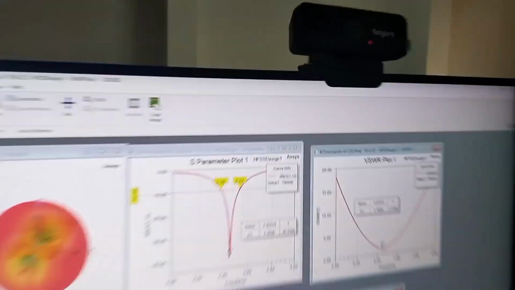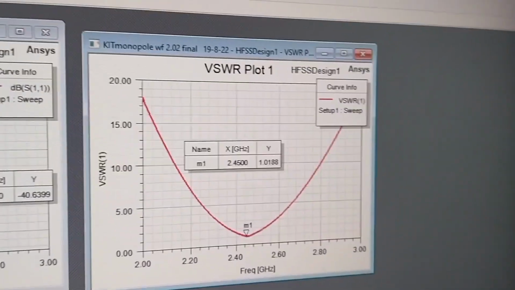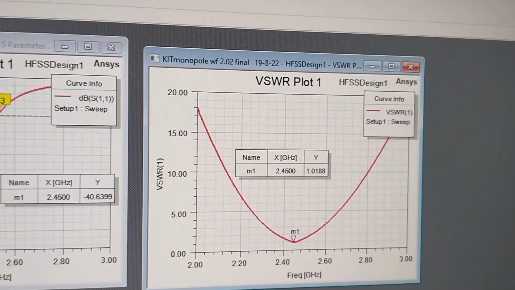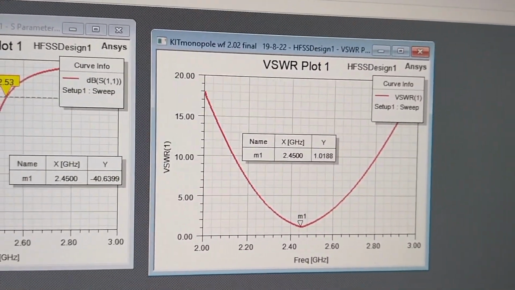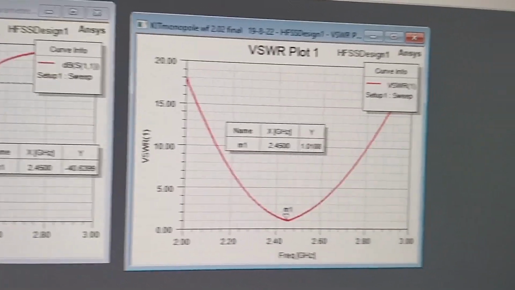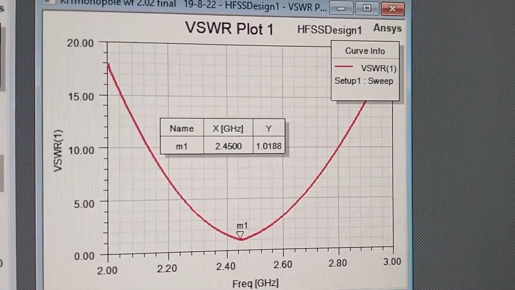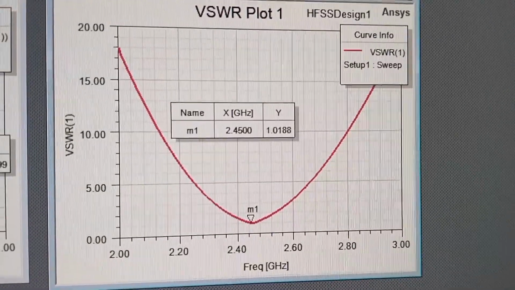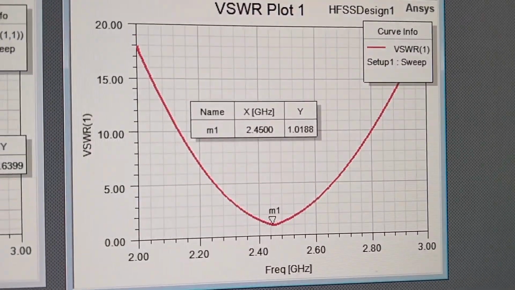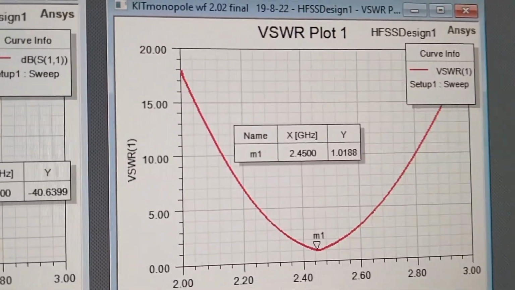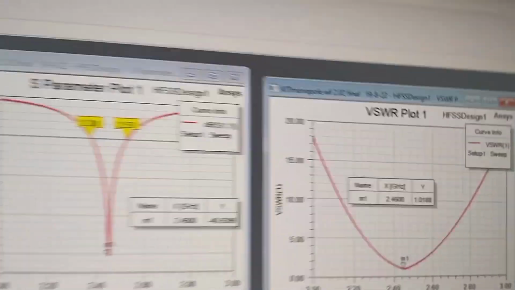The second important characteristic to be evaluated for this antenna is VSWR, voltage standing wave ratio, which defines the extent of mismatch between the source and the load. The ideal value of VSWR should be 1, but in practice it may go up to 2. In our case, it is 1.01 something. So it is a good match, and VSWR is also good.